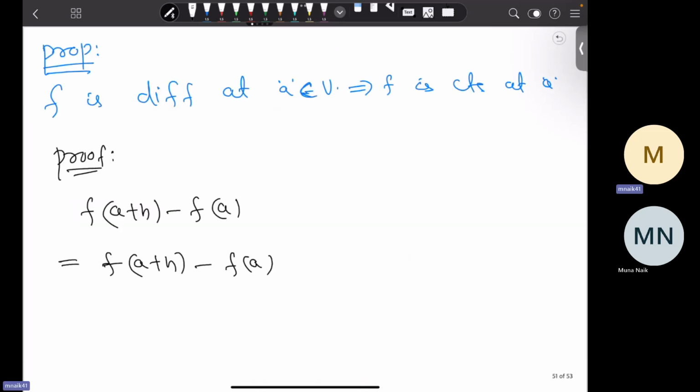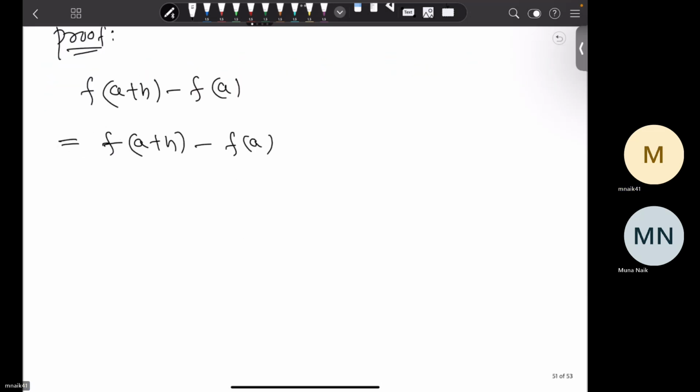Now, if f is differentiable at a, I want to prove that f is continuous at a. So I have to show that the limit as h tends to 0 of f(a+h) is equal to f(a). I can write f(a+h) minus f(a) this way: f(a+h) minus f(a) minus f prime(a)h plus f prime(a)h. Now take the modulus.